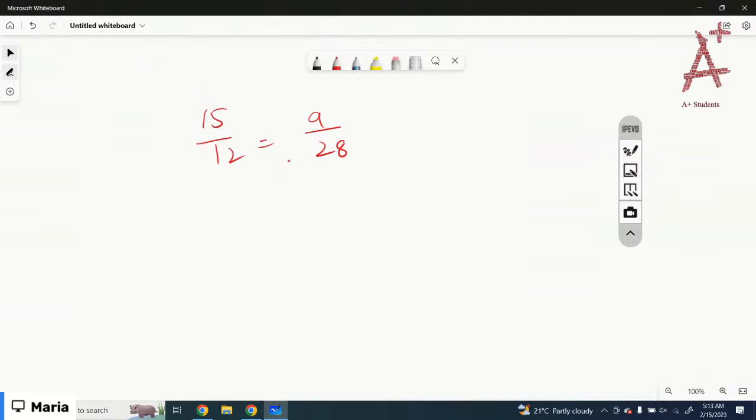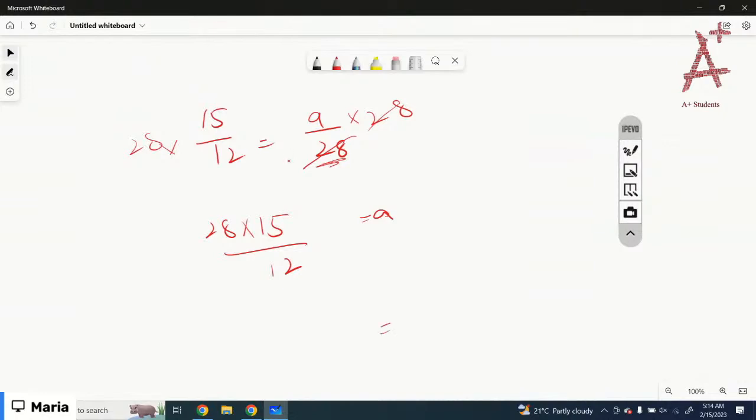Just isolate the A. Here 28 is dividing, and the opposite of division is multiplication. Just multiply both sides by 28. 28 and 28 get cancelled. You are left with A here, and here you have 28 times 15 divided by 12.